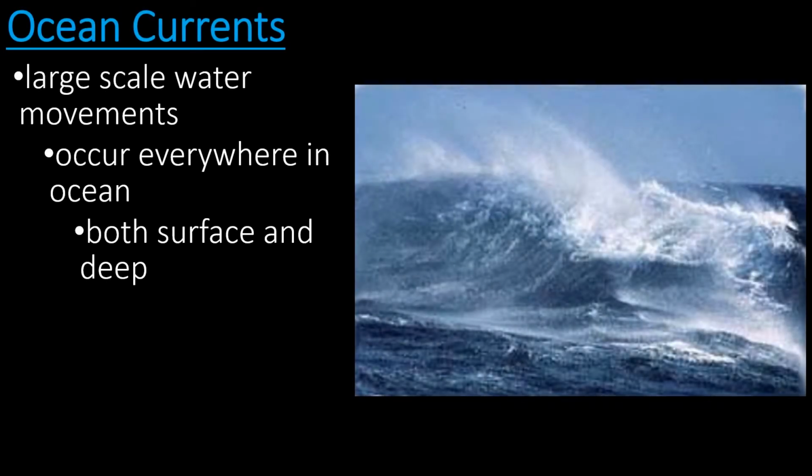So ocean currents, much like the air currents that we've talked about in the jet stream and the big large convection currents, are large scale water movements. They occur everywhere in the ocean, and they're both on the surface and deep within the water. And so these are going to be moving warm or cold water.